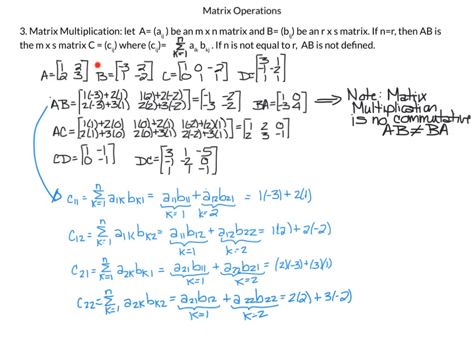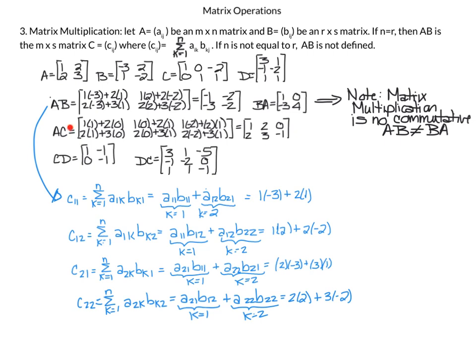The first row of A times your second column of B is your element C1,2. The second row of A, first column of B, is going to be your element C2,1. So whatever the row is for A, that's the index for the row in matrix C. Whatever column you take for B, that's the index for the column in matrix C.